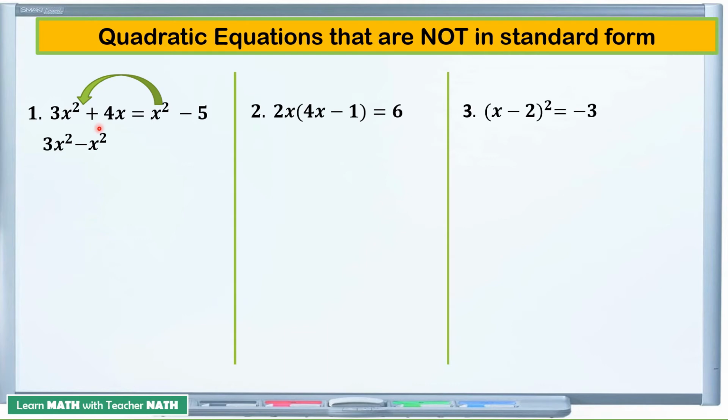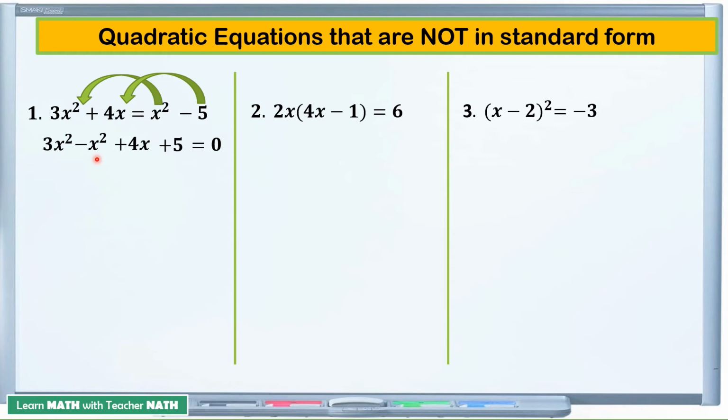Next, we're going to copy plus 4x beside the x squared. Then, we're going to transpose minus 5 sa kabilang side, and it will become plus 5 or positive 5. Then, dahil wala nang naiwan dito sa ating right side ng ating equation, magiging equal to 0 na lang siya.